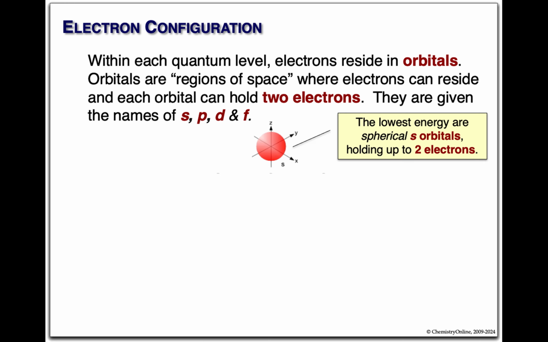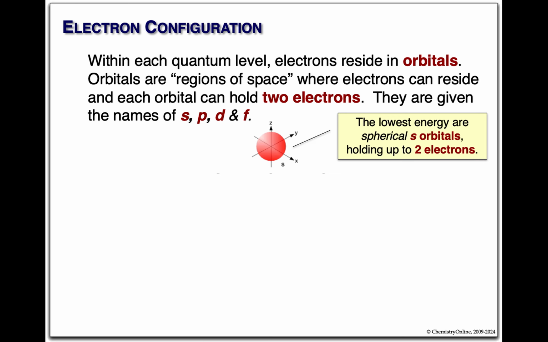So in this orbital, we can put 2 electrons. If we need more orbitals for more electrons, the next in line are the p. 3 p orbitals look like this. Again, each orbital can only hold 2 electrons.